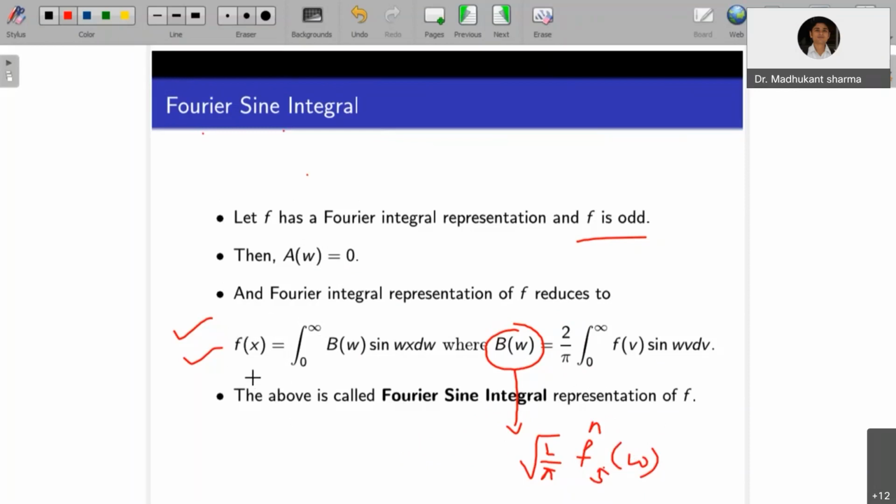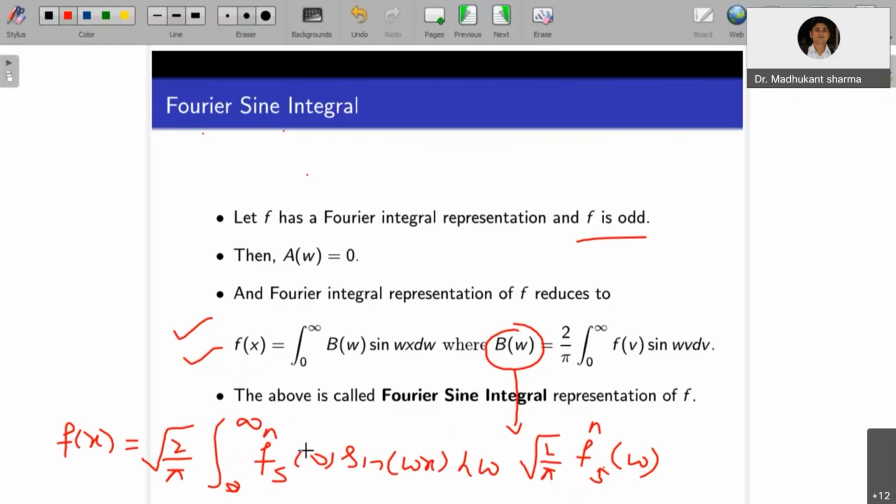The inverse Fourier sine transform of f will give you f of x. F of x equals square root of 2 by pi times the integration from 0 to infinity of f cap s of w sine of wx dw. This gives you the inverse Fourier sine transform.